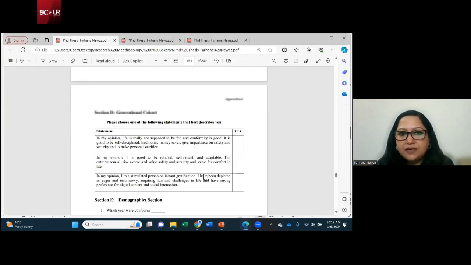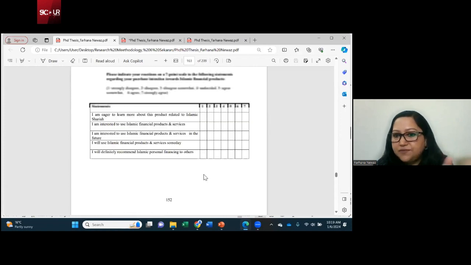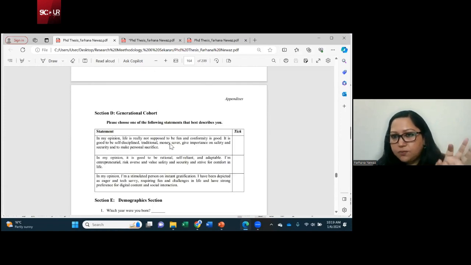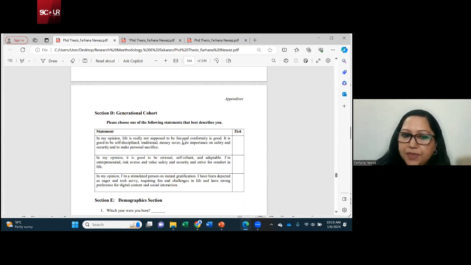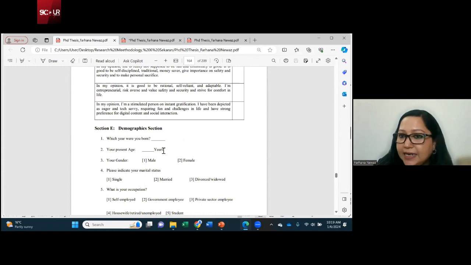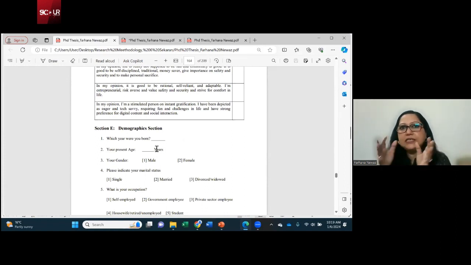The information is used to measure variables, but I was also trying to get additional information from those respondents, because from their birth year I can easily categorize which cohort group that particular respondent belongs to.